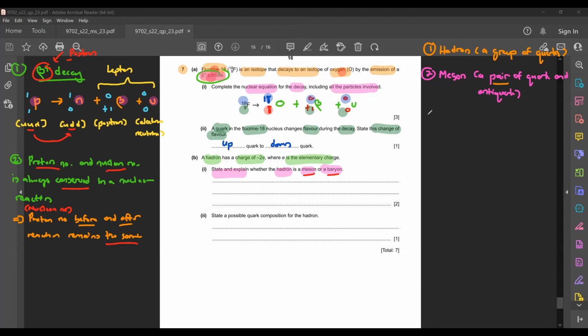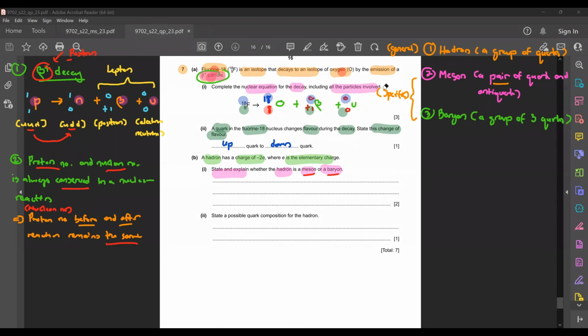All right, and then the last one that you will need to know is what we call a baryon. Now a baryon is just a group of 3 quarks. Okay, you can think of it as this. Hadron is a more general definition for a group of quarks, whereas meson and baryon are more specific definitions for group of quarks.